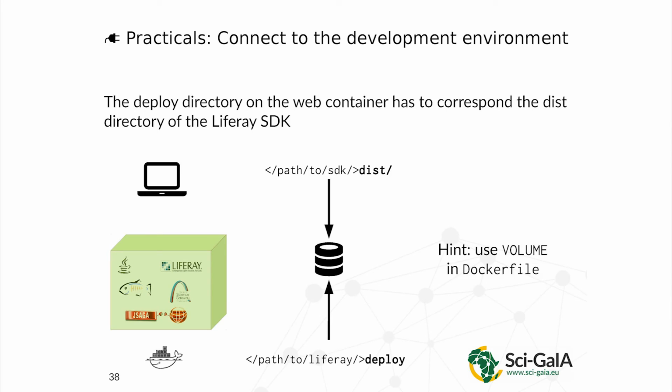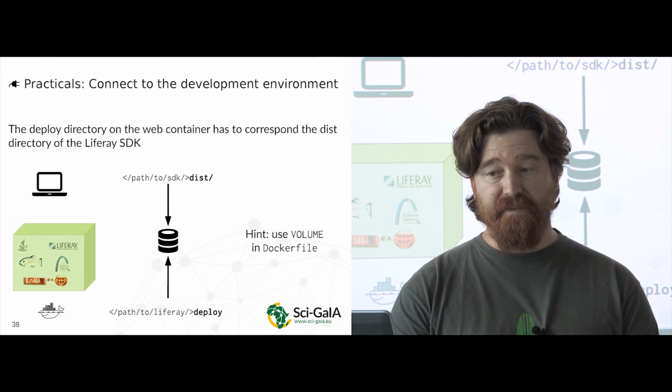So the only thing you need to do in this practical is to ensure that you've properly linked the development environment in your container to the environment in which you're writing code on your laptop. And that essentially means running the container, exposing the correct volume, which hosts the plugins of Liferay, the software development kit of Liferay.